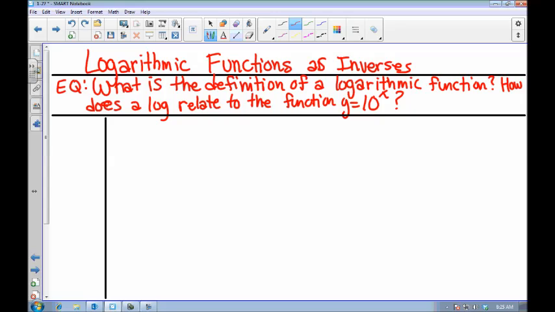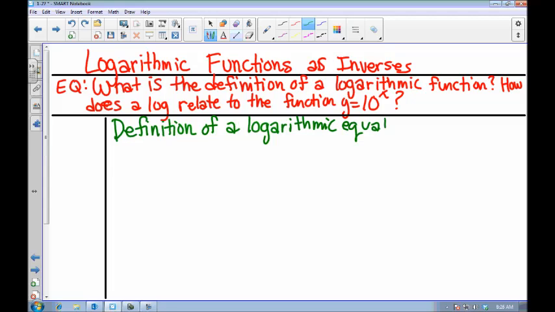Okay. To start, the definition of a logarithmic equation is the following. Now write this part nice and large with lots of space, because it's kind of like the golden formula of all the notes.